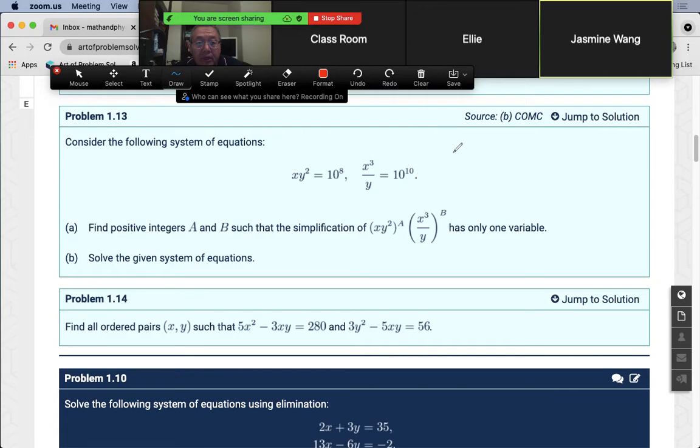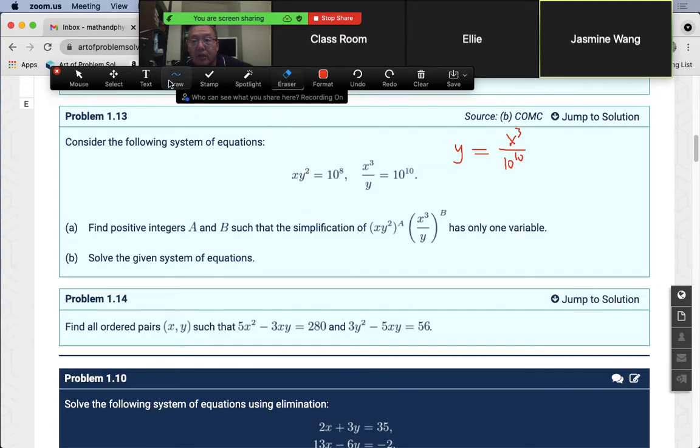From the second equation we can get y equals x power 3 over 10 power 10. So then we can plug into the first equation. We can get x times x power 3, that's x power 4. No, this one should be squared because it's y squared. So we can get this.